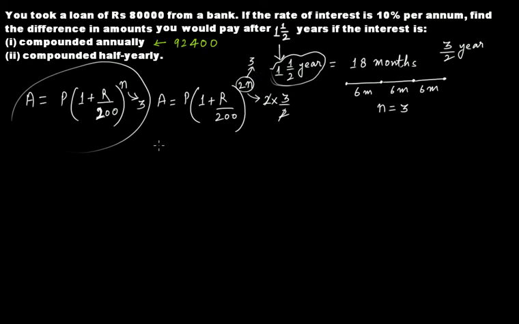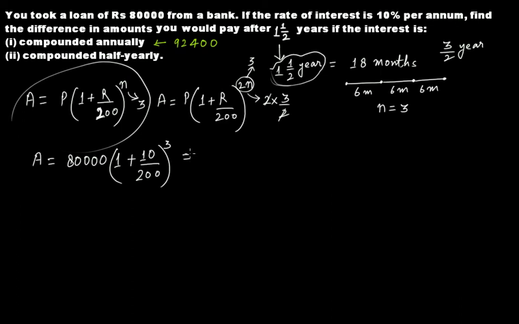Okay, so let's take this one only. In this case, A is equal to, principal is what? 80,000. 1 plus R is what? 10%. So 10 by 200, and this is 3, right?